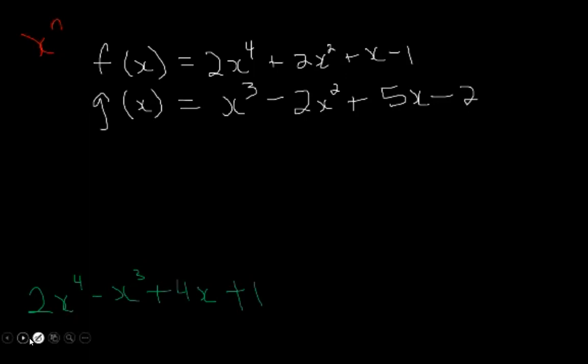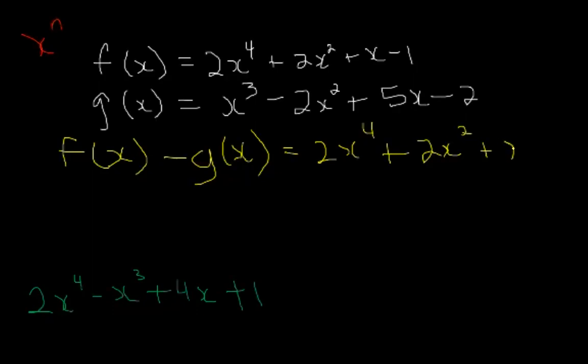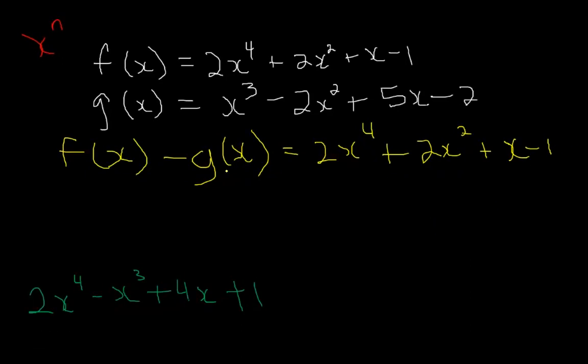Okay, well, let's see if this is right. So what they want you to find is f of x minus g of x. So let me actually write it for this one. That's equal to f of x, which is this polynomial expression, 2x to the power of 4 plus 2x squared plus x minus 1.